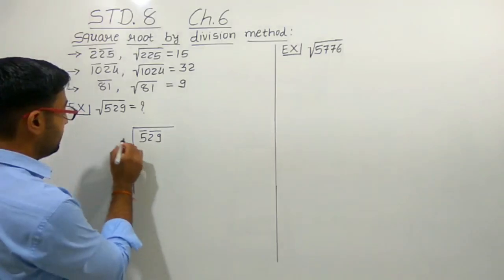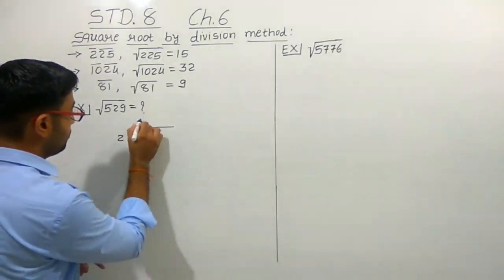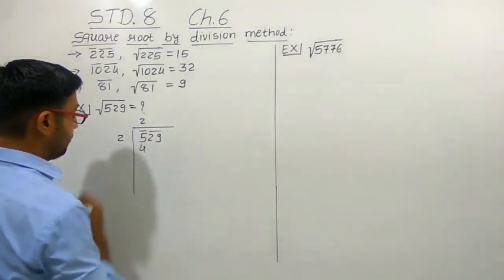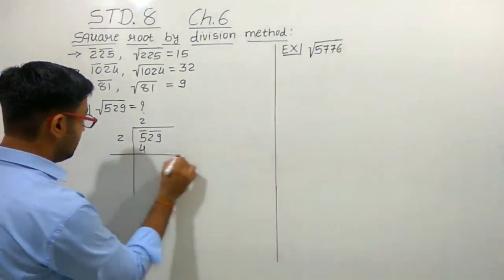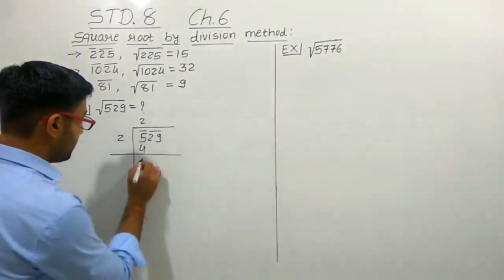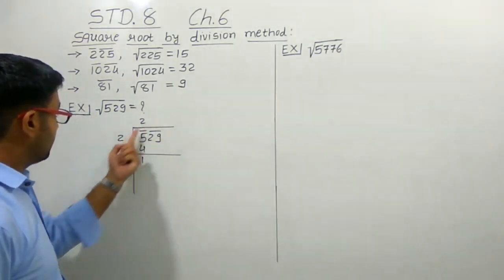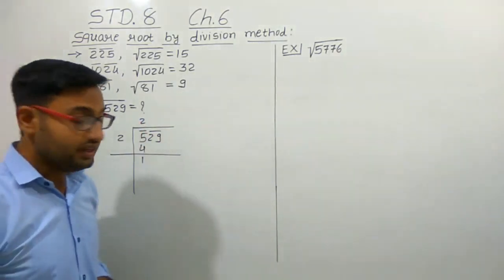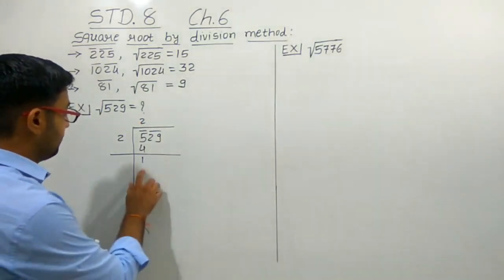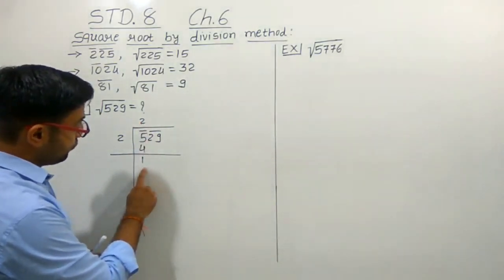We have to divide with the 2 in this way. 2 2s are 4. Right? Now 5 minus 4 is 1. So here we have to divide in this way. Okay. Now division is not possible. So what is the next step?